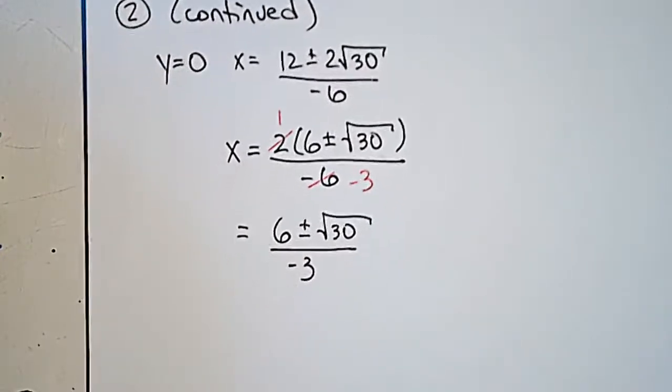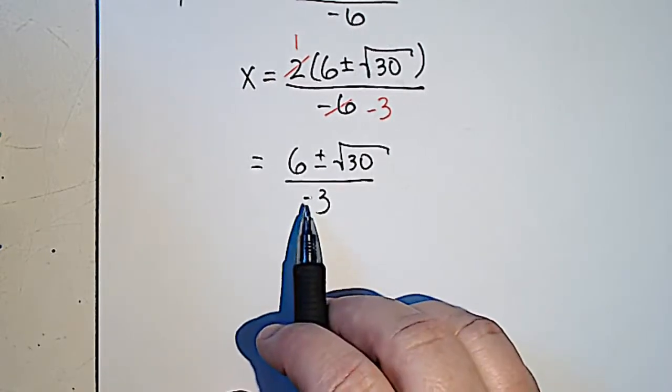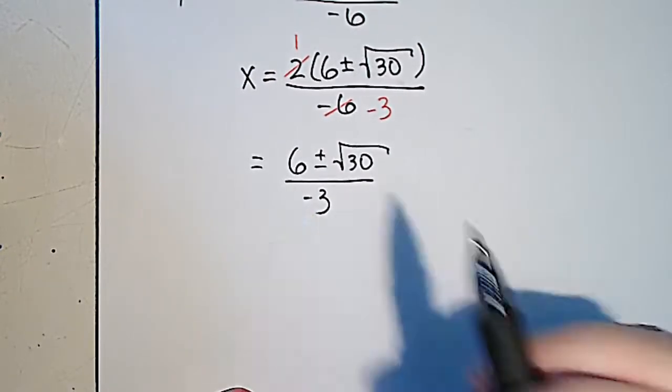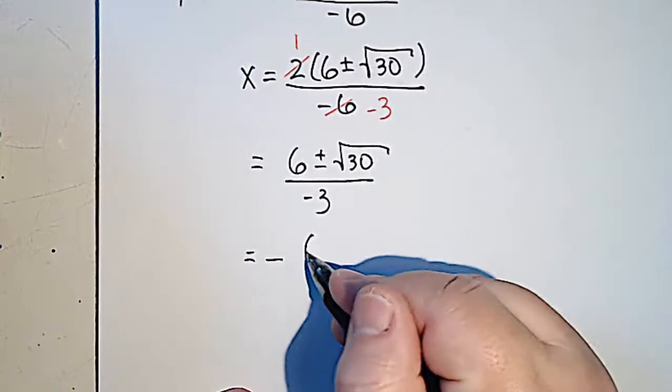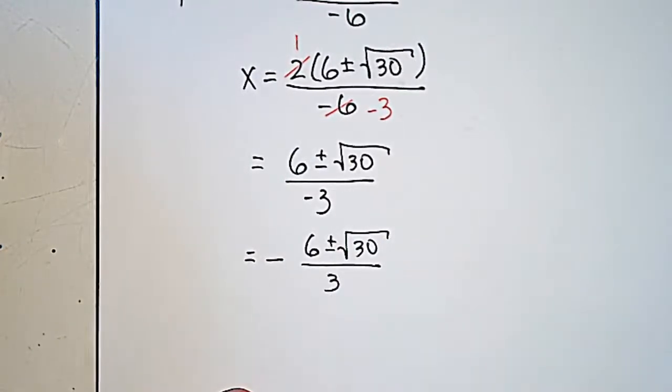Okay, so now that minus, I don't want to leave the minus down there. So I'm going to pull the minus out in front. And then I'm going to show you something kind of cool. As long as we're doing this hideous problem, there might as well be some brilliance in it, right?